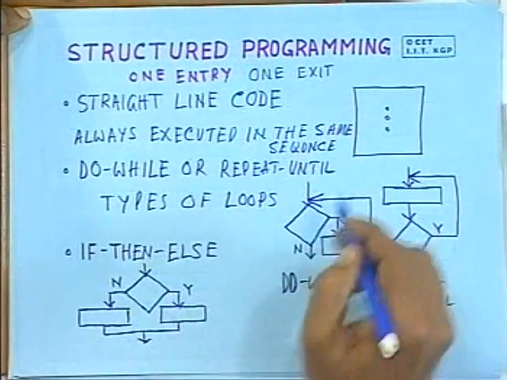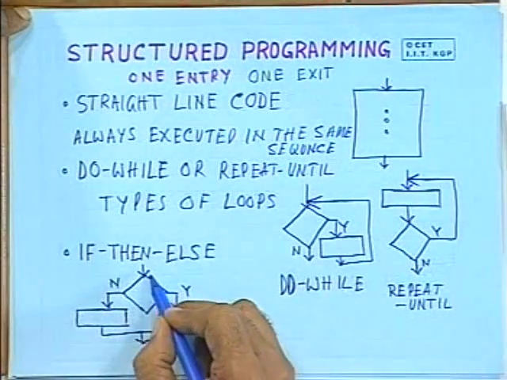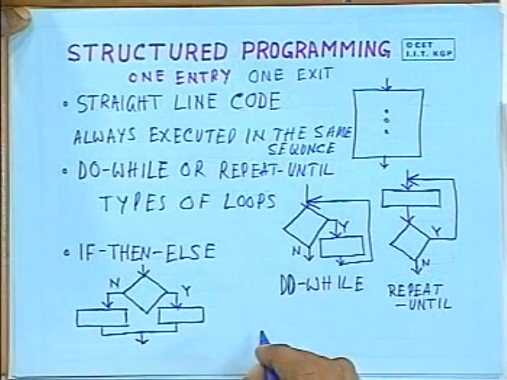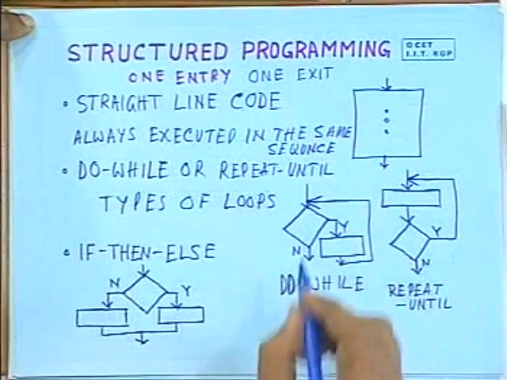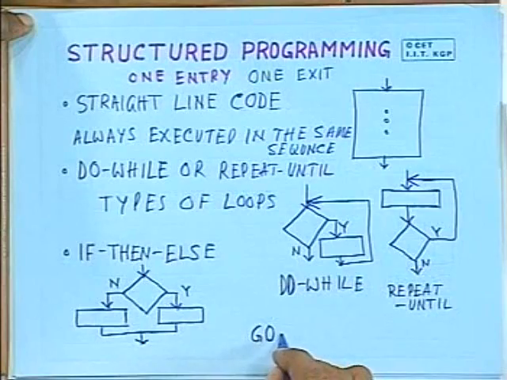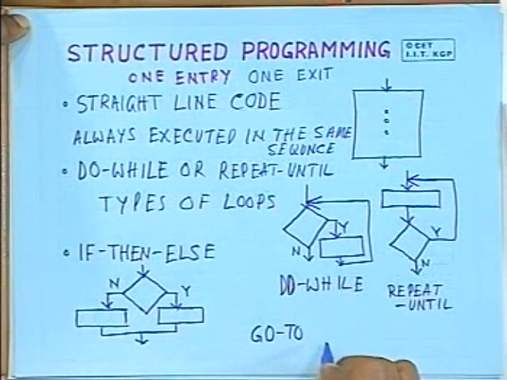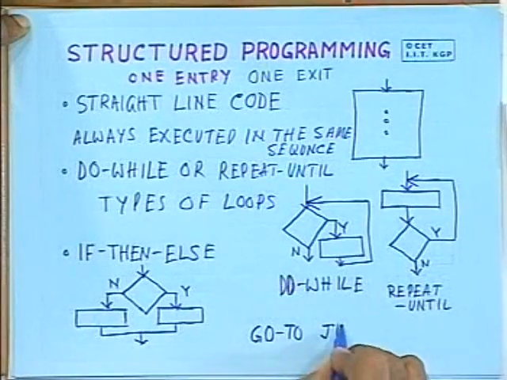Obviously, in all these cases, you find that you have a single entry and single exit, and structured programming does not permit the use of go to type of jump.